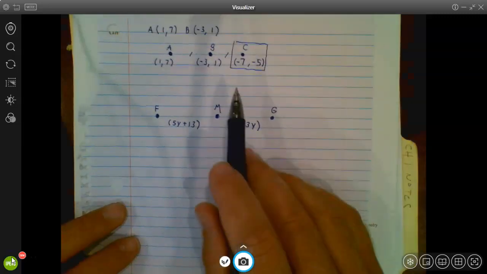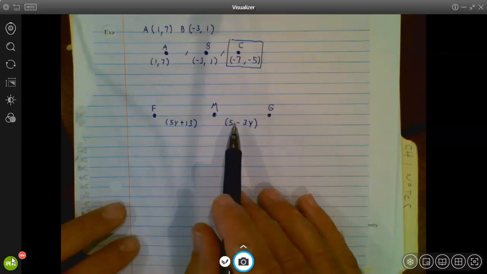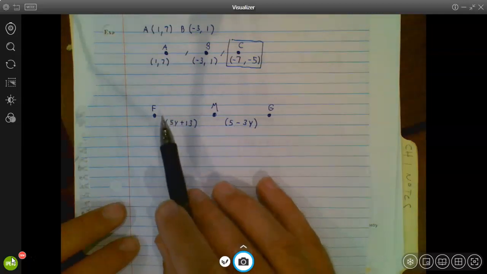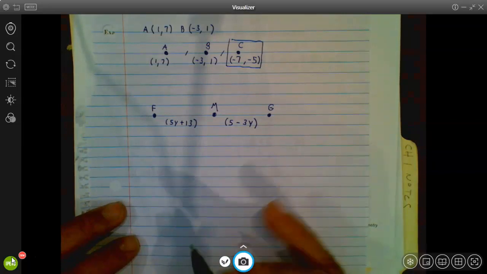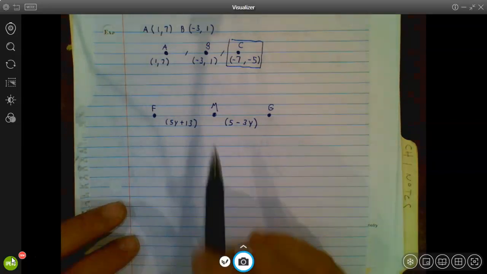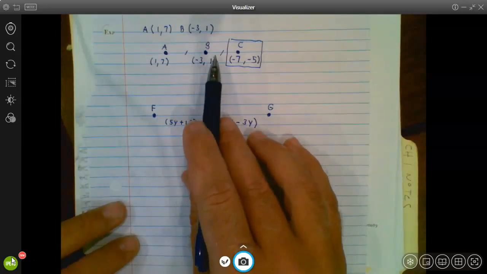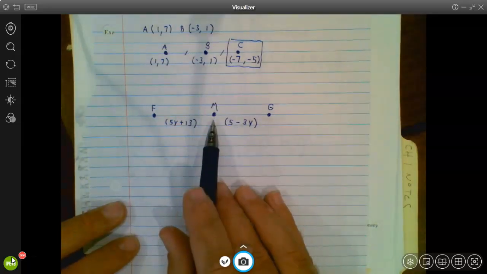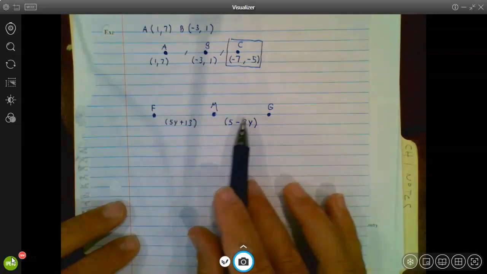Okay, so they said M is the midpoint of FG. They told us that FM is this, MG is this, and they want us to figure out what is FG. What is the whole thing, right? So there's actually 2 ideas going on here. First of all, if that's the midpoint, just like I talked about, if M is in the middle, that means FM is equal to MG, right?